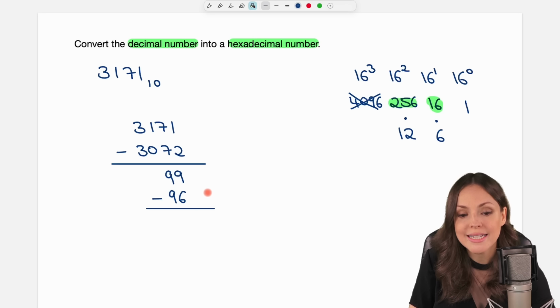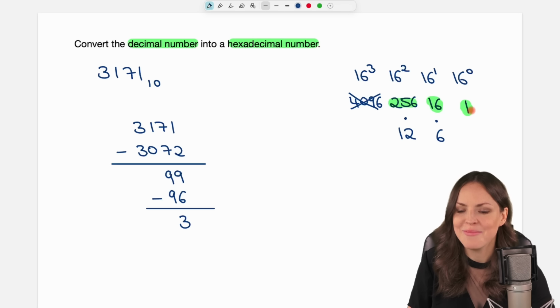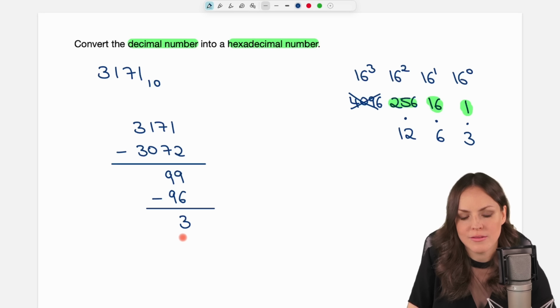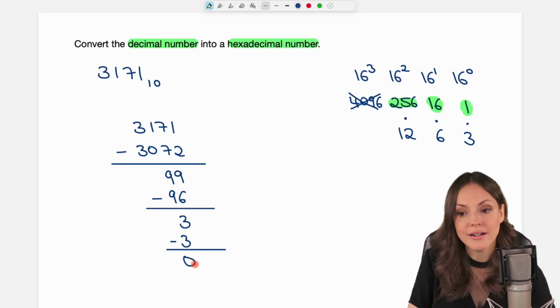We subtract, get a result of 3, and we do the same calculations with the next smaller number. The one is always pretty nice. 3 divided by 1 just equals 3, and we multiply one last time, which gives us 3, and then we are done because we get a 0 here.